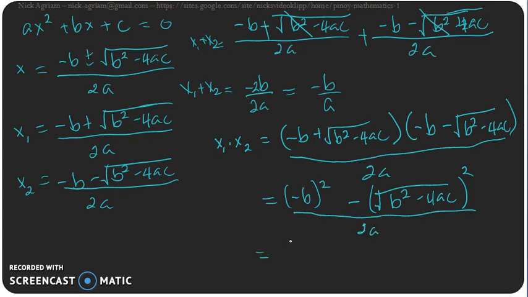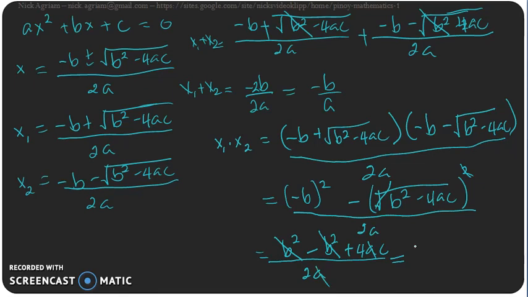And then this one is b squared minus, we take the square root, so we have b squared, and then negative negative will give us positive 4ac, divided by 2a.